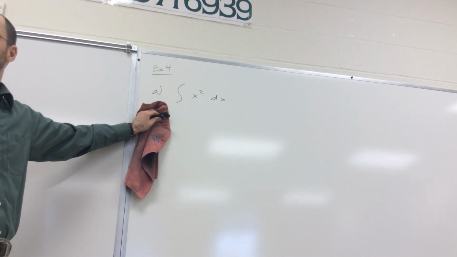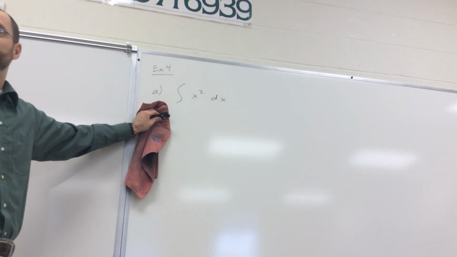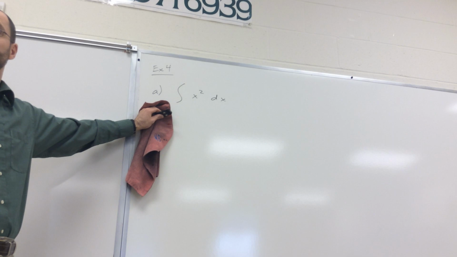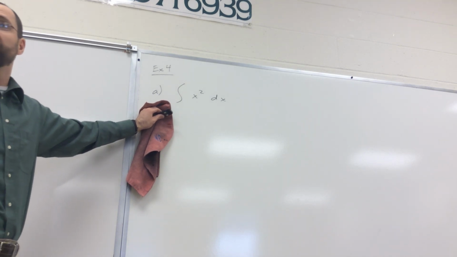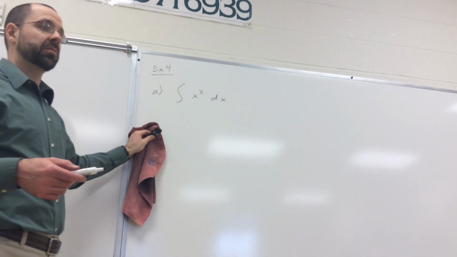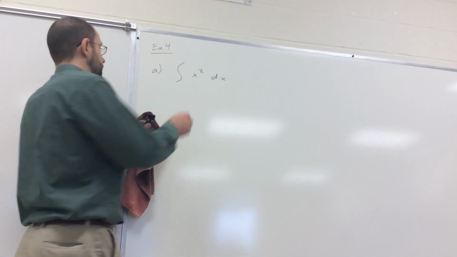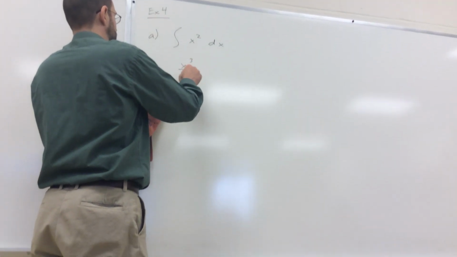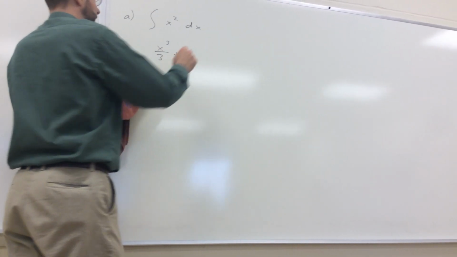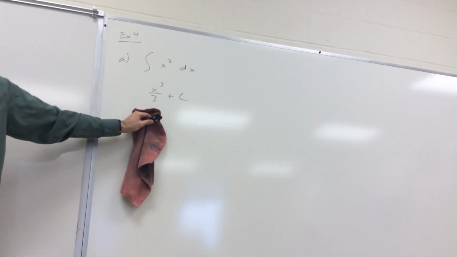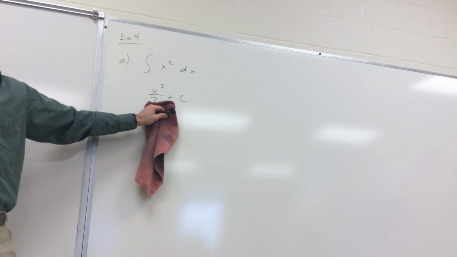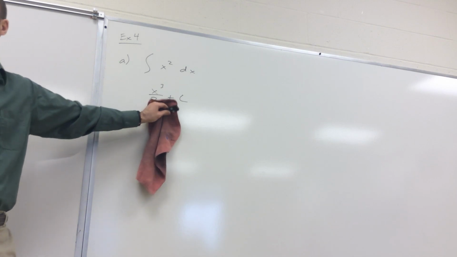What does that mean? Take the antiderivative. So all we have to do is take the antiderivative of x squared. What's the antiderivative of x squared? X cubed over 3, or 1/3 x cubed plus c. So we didn't get a specific answer. That's why this is called an indefinite integral. We got a bunch of answers.